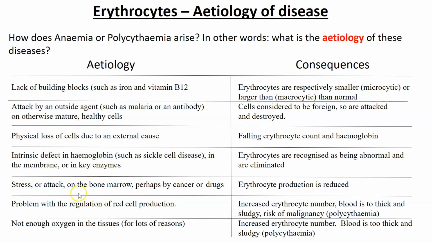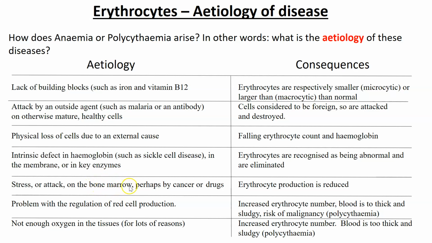Stress is another cause. If your body is stressed, it doesn't have to be emotional stress; it can be physical stress or attack by a pathogen, and that attacks the bone marrow. It could also be the side effect of a drug. Perhaps somebody has cancer, and chemotherapy drugs usually target cells which reproduce really quickly, and bone marrow cells are one of those cell types.